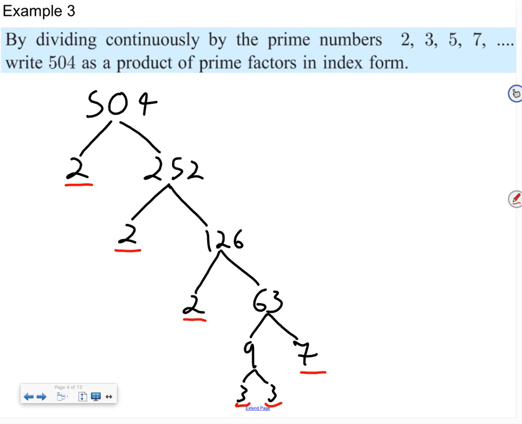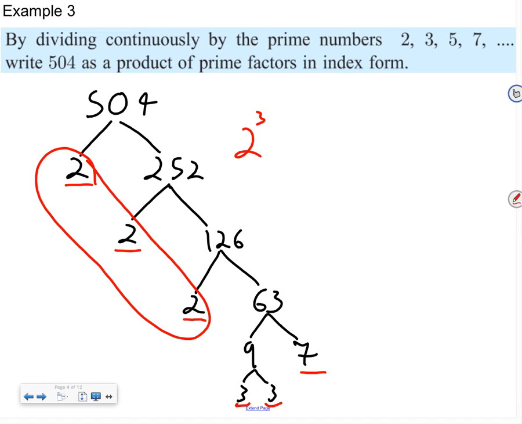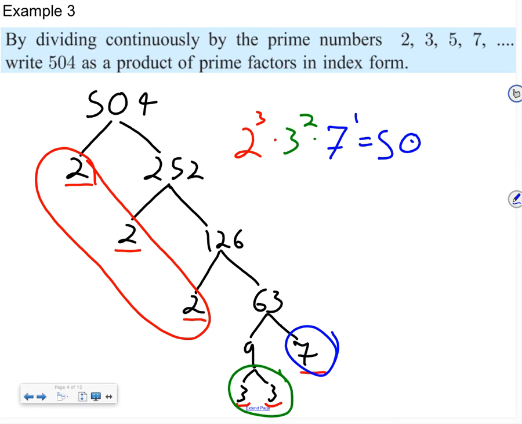So now I have my prime factors. So 504 can be written as 2 cubed times 3 squared times 7 to the 1st.